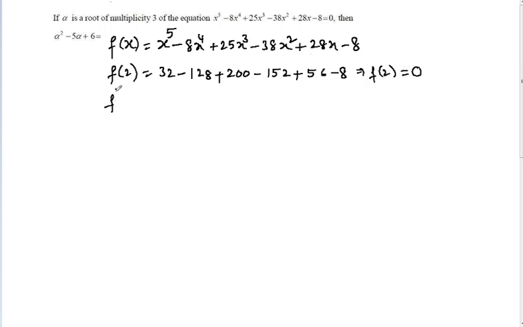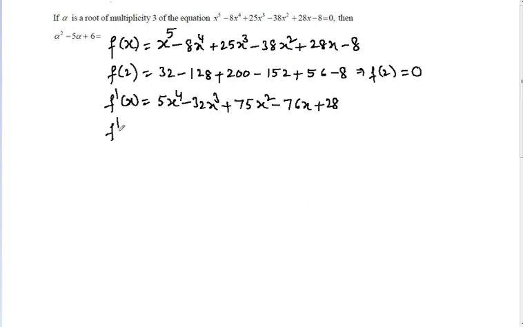Now we find f′(x). f′(x) is the derivative of x⁵, that is 5x⁴, minus 8x⁴, that is 32x³, plus 25x³, that is 75x², minus 38x², that is 76x, plus 28, minus 8, derivative is 0.